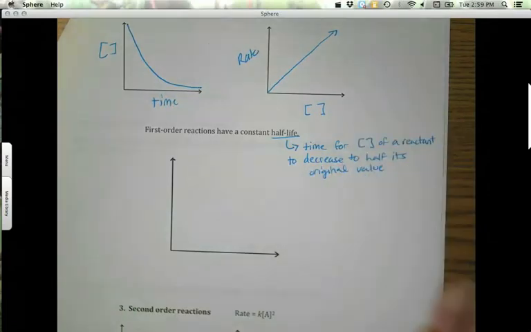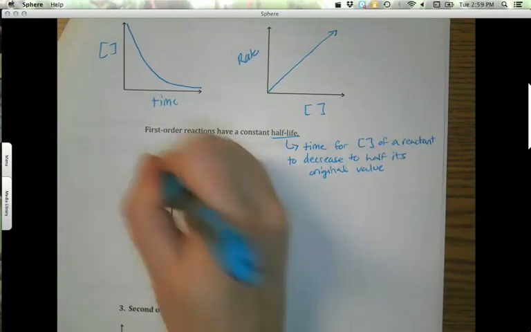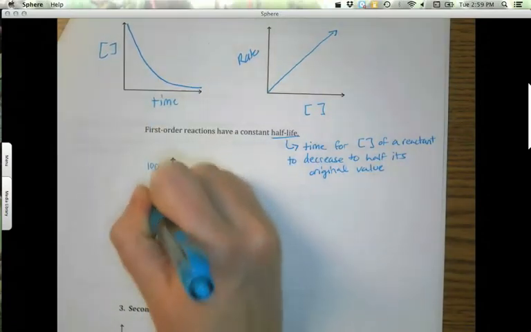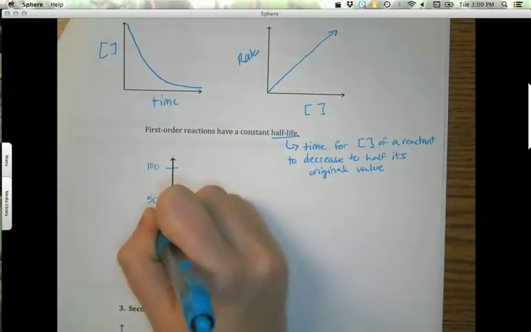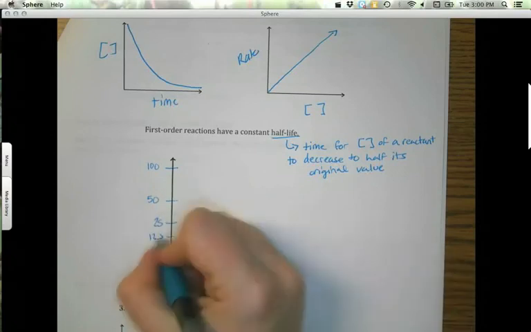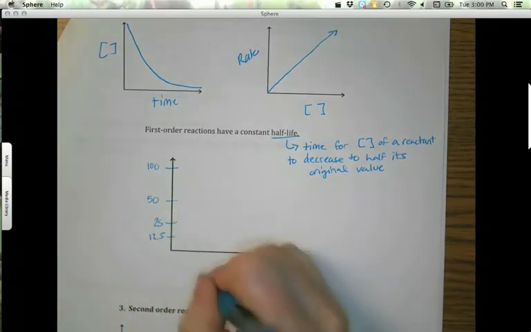So I'm going to say, let's start out with a concentration of 100. Well, half of 100 is 50, half of 50 is 25, half of 25 is 12.5. And we'll call this time, so this is concentration, and we'll say in days. Okay, so I'm going to say 2, 4, 6, 8, 10, 12.